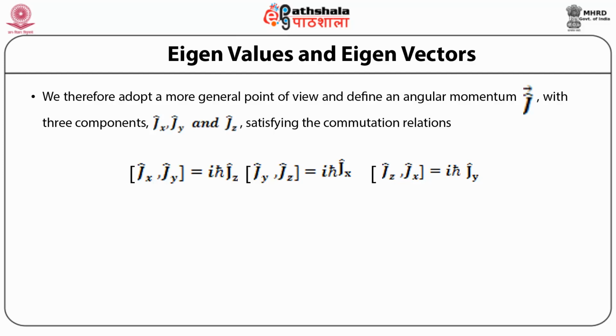The commutator of Jy, Jz equals iħJx. The commutator of Jz with Jx equals iħJy.